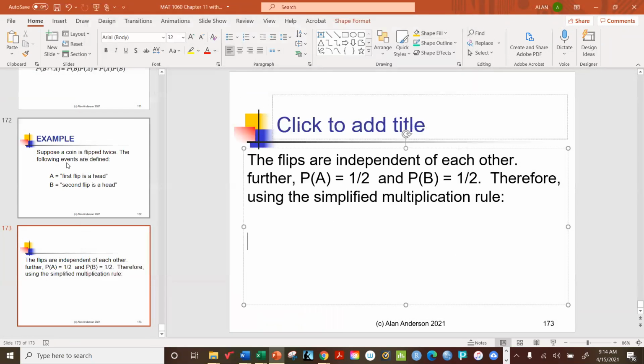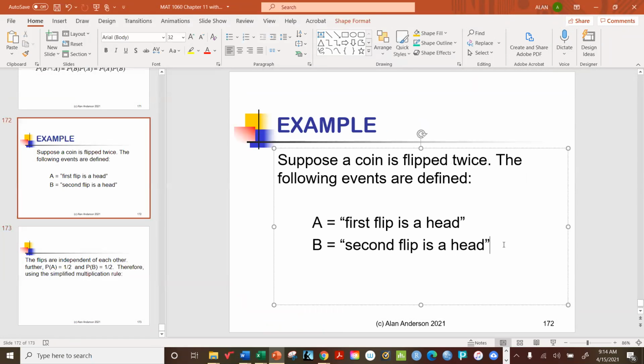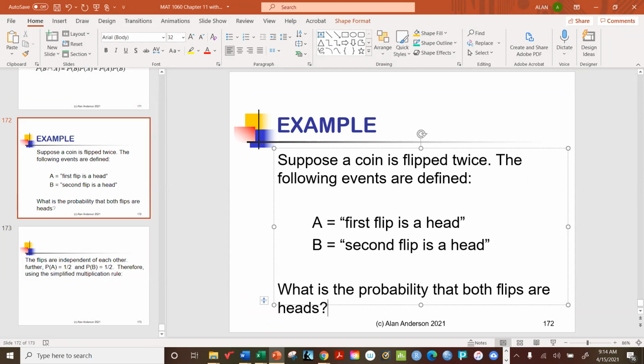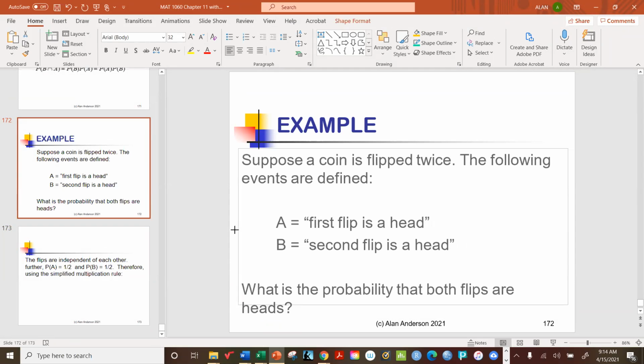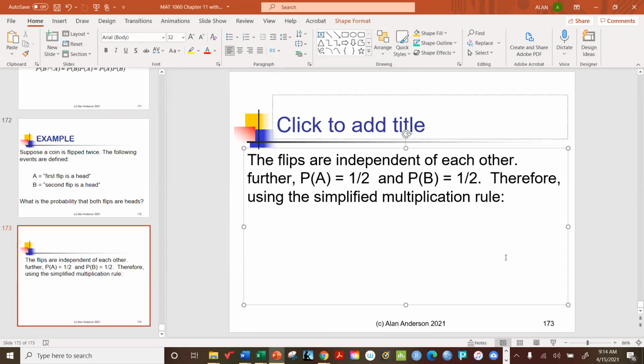Oh, you know what I forgot to do? I forgot to define the probability that we need. What is the probability that both are heads? Okay, that's really the point of all this. What's the probability that they're both heads? So we'll use the simplified multiplication rule.